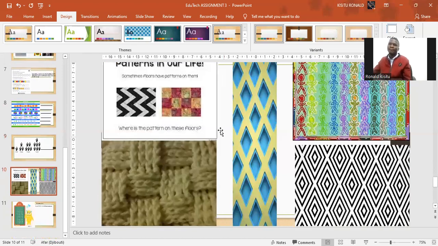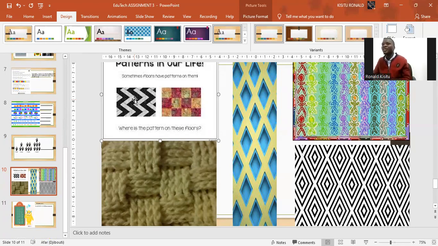Now, these are patterns in our life. Sometimes you find tiles, like these ones. These are all tiles. Not only tiles, but you can find it in carpets, curtains, which are designed in different types of number patterns or sequences. You see black, white, black, white, black, white.